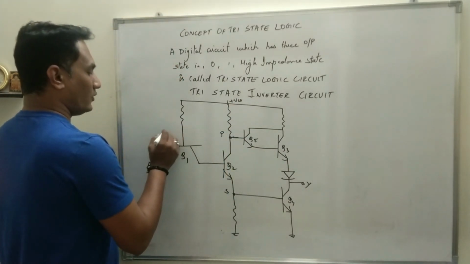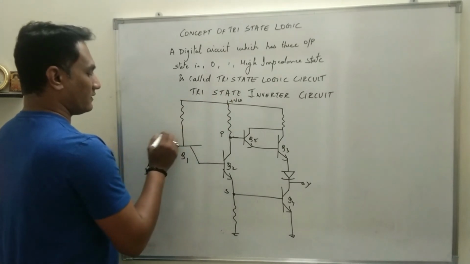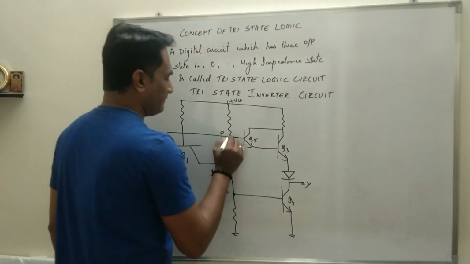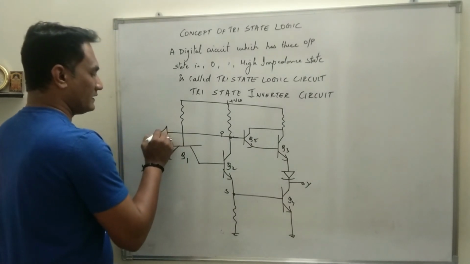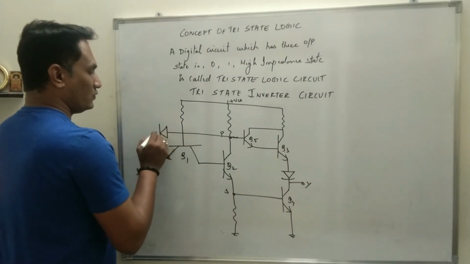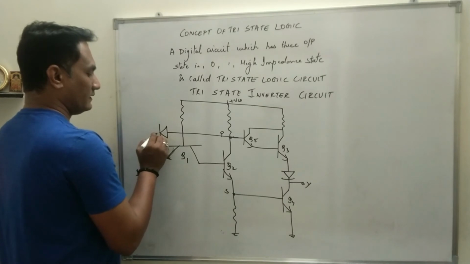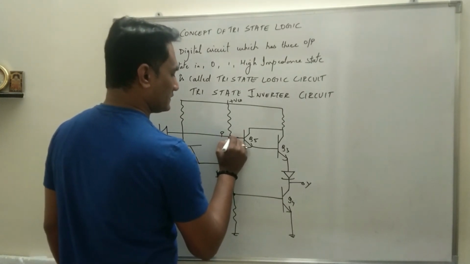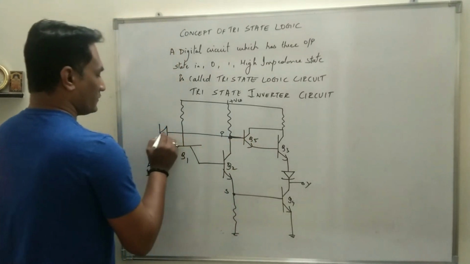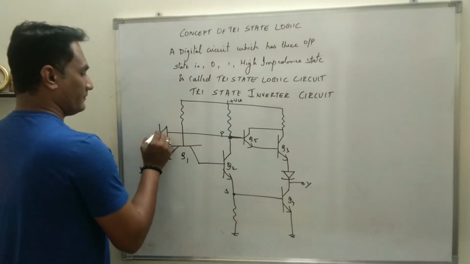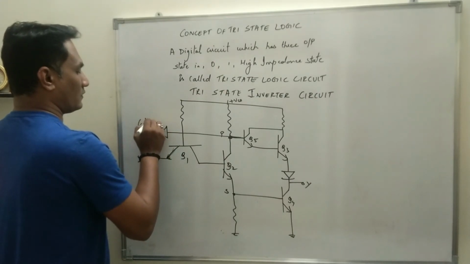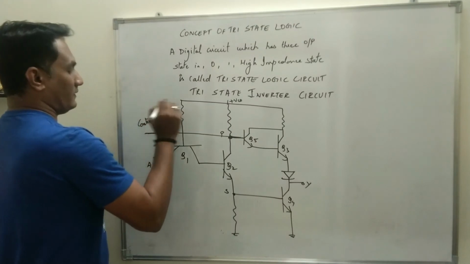Okay, now what you do is, for a tri-state logic circuit, the point P is connected through an AND gate. Point P is connected through a gate to a control input.